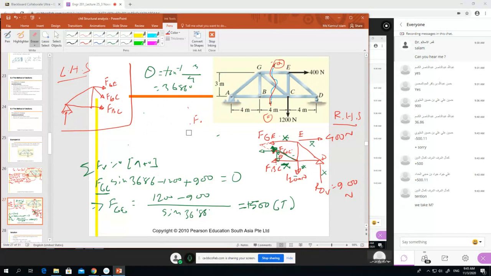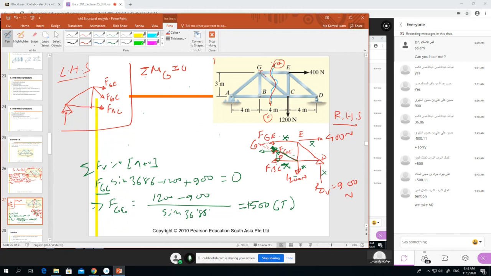Now, you see that I have drawn a dotted line before. This is the dotted line, and this is connected here at G. This is the point G. Now you see, I will take moment at G. Why?